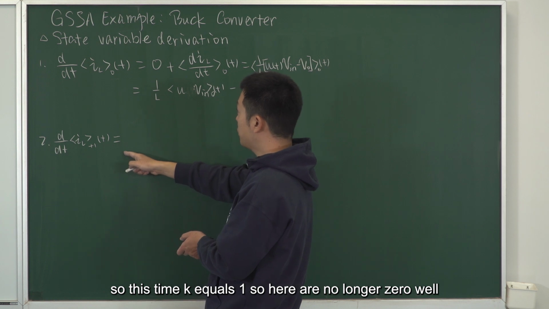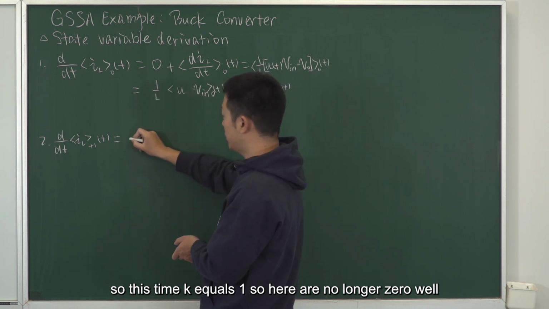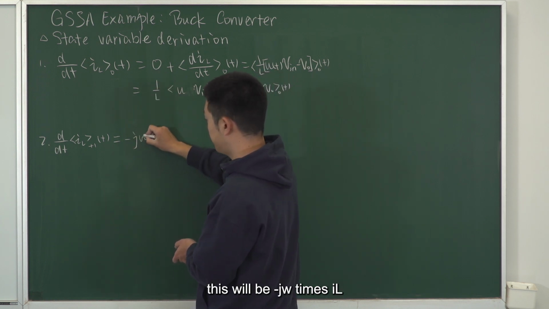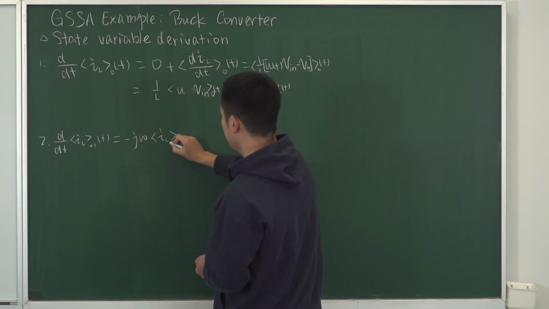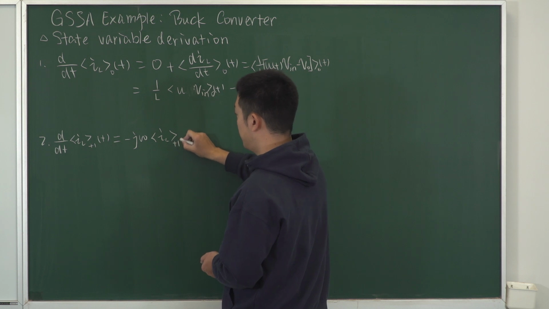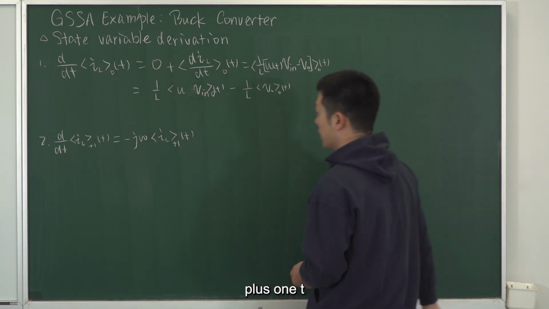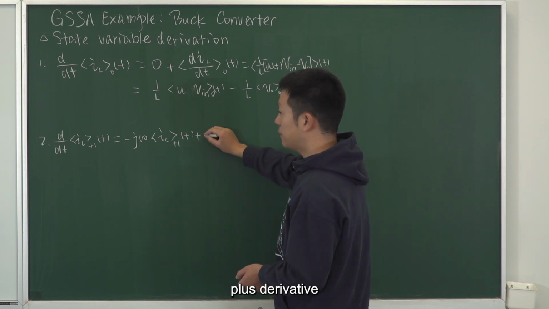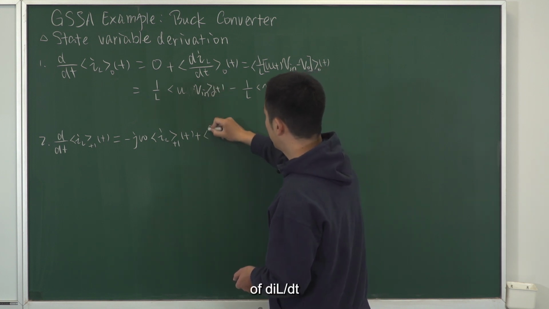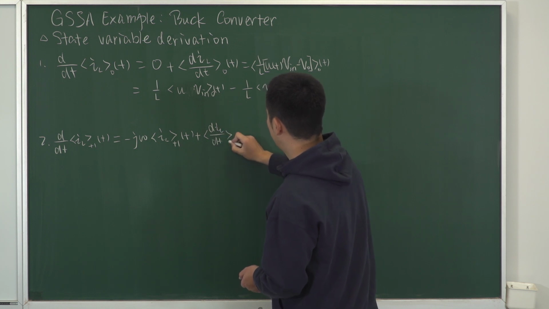This time k equals 1, so here it is no longer 0. This will be minus j omega times IL, k=+1 (t), plus the derivative dIL over dt, k=+1 (t).